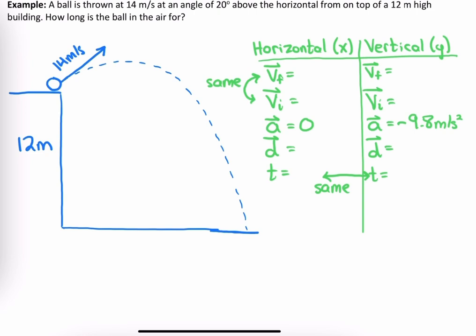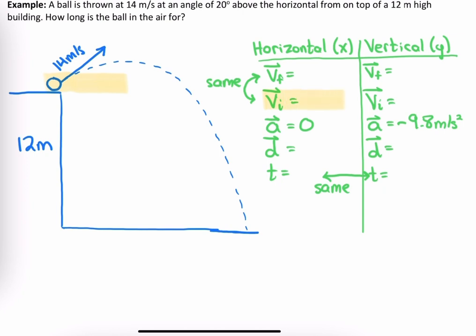Now, the last time we solved this problem, where it was at a horizontal initial velocity, we knew this was 0 because it wasn't moving up or down at all to start with. But here, we clearly have a little bit of upward movement at the beginning. So VI in the y direction is no longer 0. Also, last time we solved this problem, because this 14 was entirely in the x direction, we were able to just plug it in here for VI in the x direction.